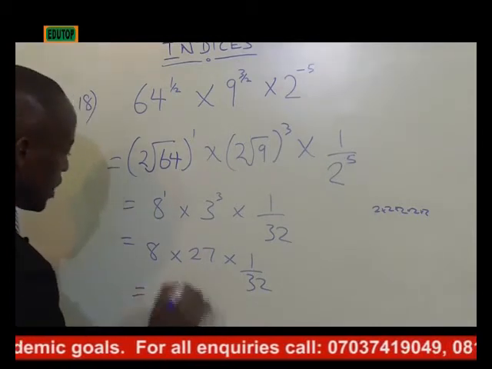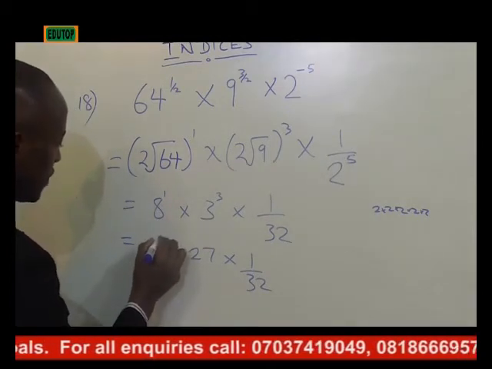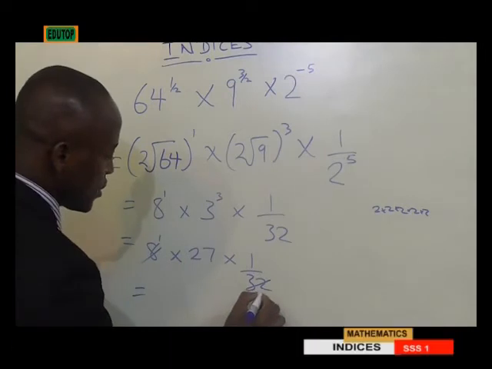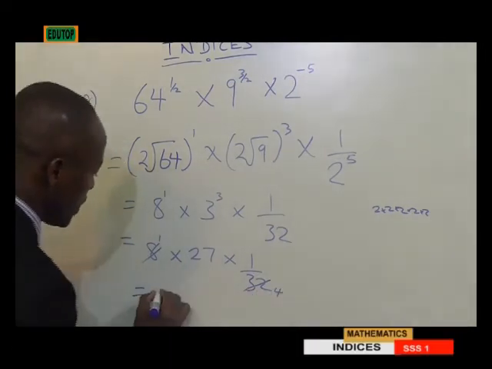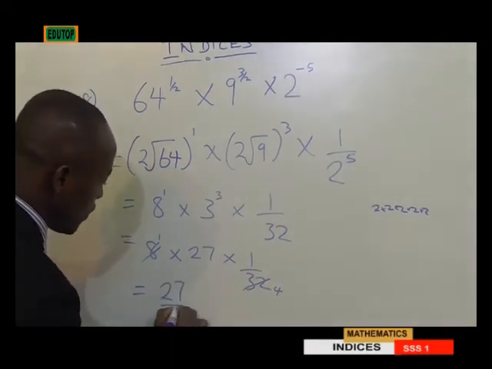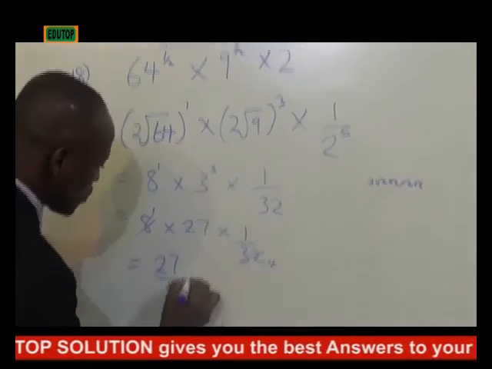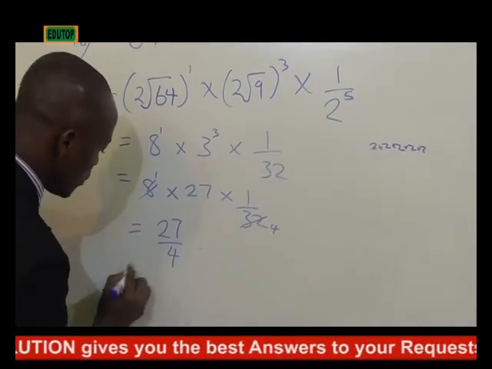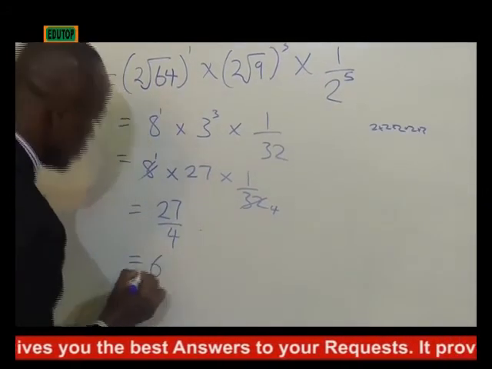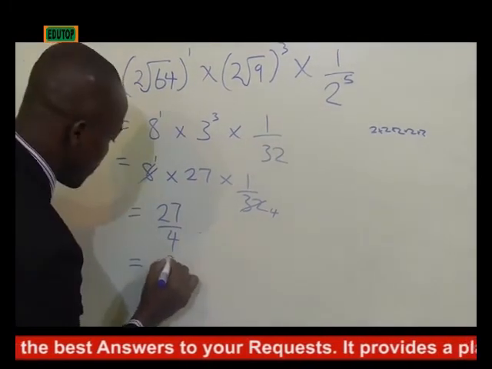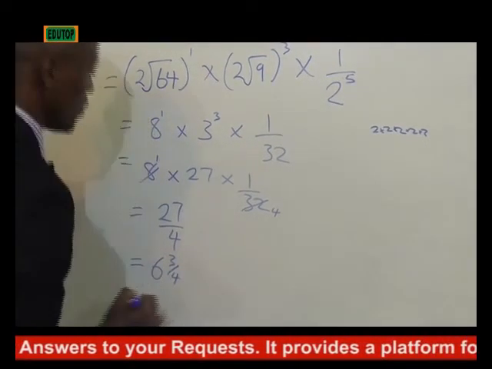Which is equal to 8 divided by 8 is 1, 32 divided by 8 is 4. Now we are having 27 all over 4, which is also equal to 6 whole number 3 all over 4.